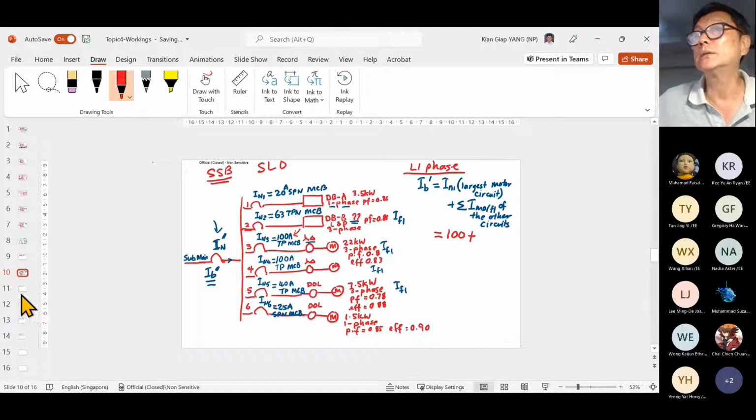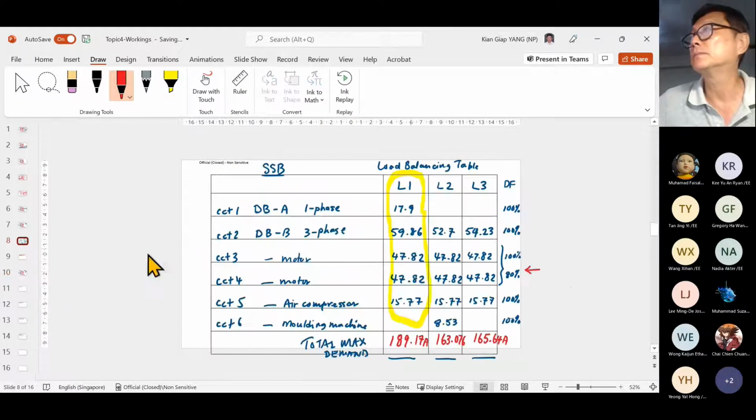Okay, from here, the circuit breaker rating plus the maximum demand of the other circuits. So what is the maximum demand of the other circuits? This one. Notice that this one times 0.8.